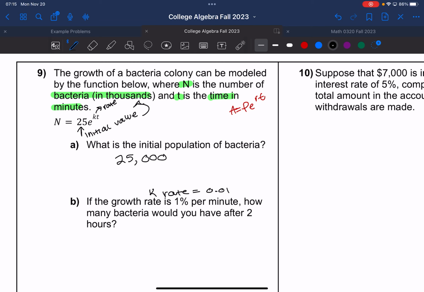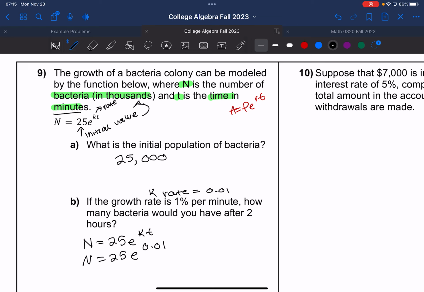So we're going to start writing our equation. n is equal to 25 times e to the power of kt. So n is equal to 25e because e is just a number. Our rate is k, which we said is 0.01. And our time is in minutes.